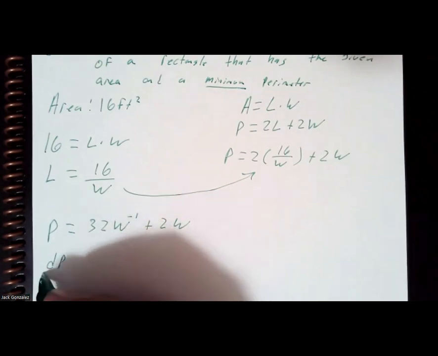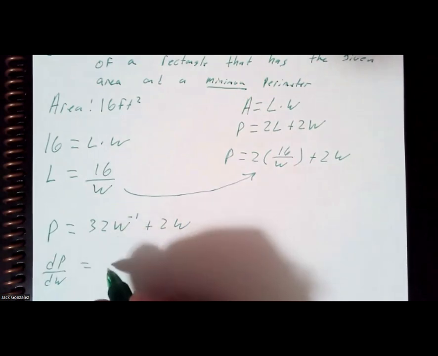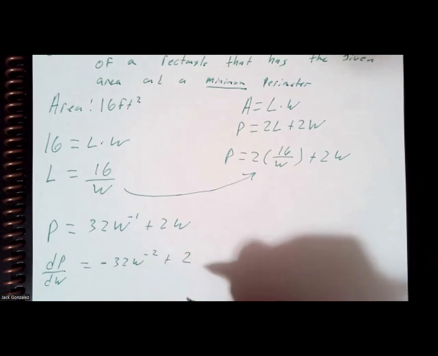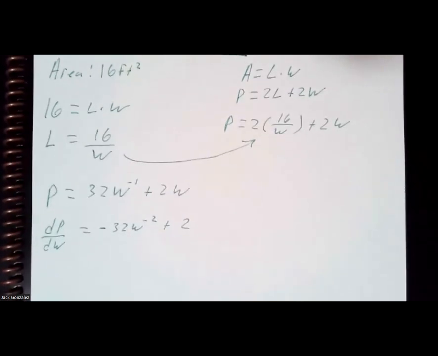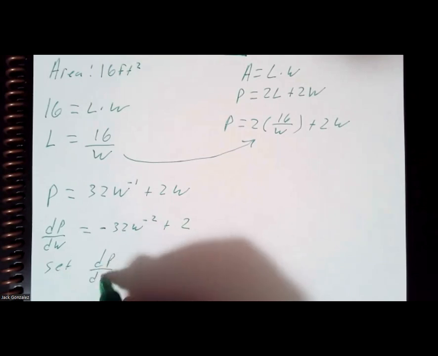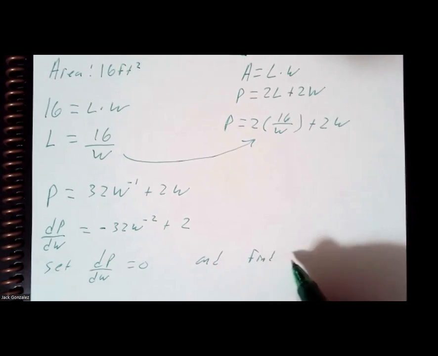So dP/dW, derivative of this guy would be negative 32W^-2 plus 2.